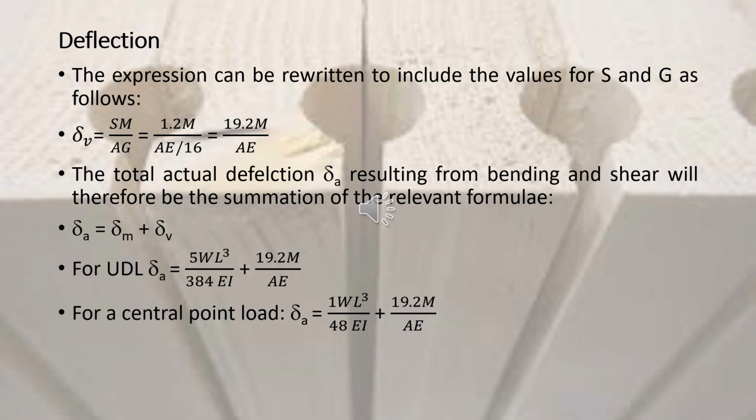The expression can be rewritten to include the values for S and G as follows. So the shear deflection, which is SM over AG, is equal to, now if we factor in the shape factor 1.2, and we know that the modulus is 1/16 of the Young's modulus, it now becomes 1.2M over AE by 16.